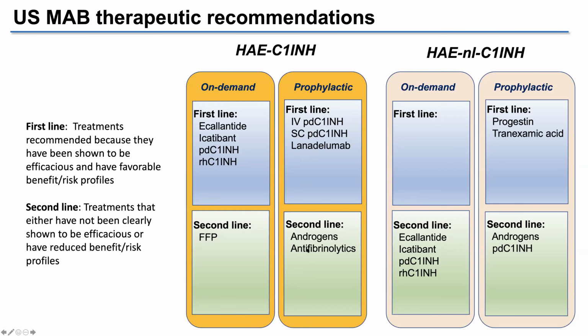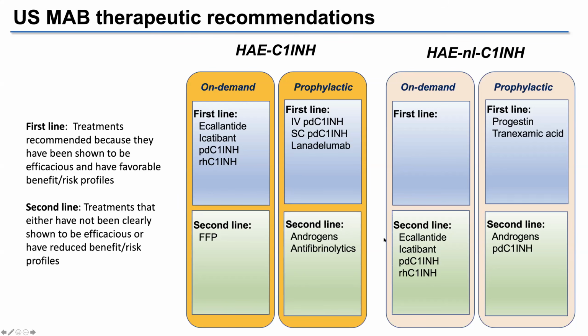Second line would be androgens and antifibrinolytics. First line on demand, ecallantide, icatibant, or any of the C1 inhibitors. For HAE normal, we don't know as much yet. First line is not great, progestin and tranexamic acid. Second line, androgens and plasma-derived C1 inhibitor.